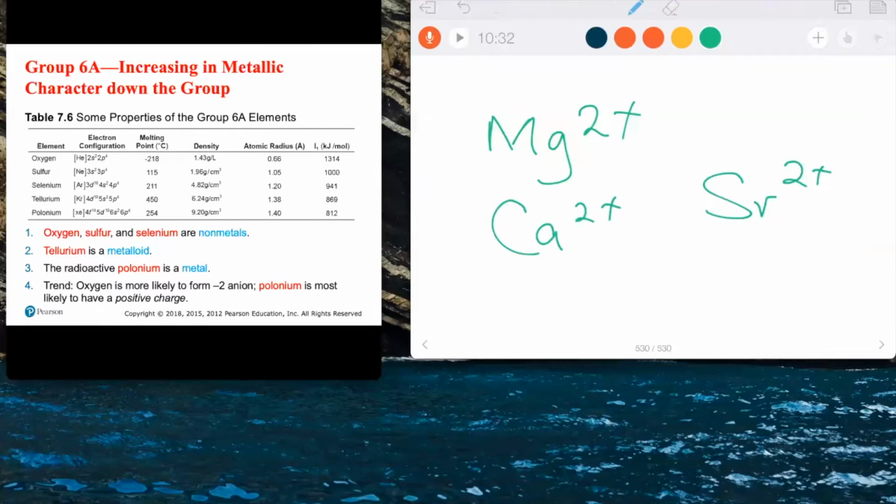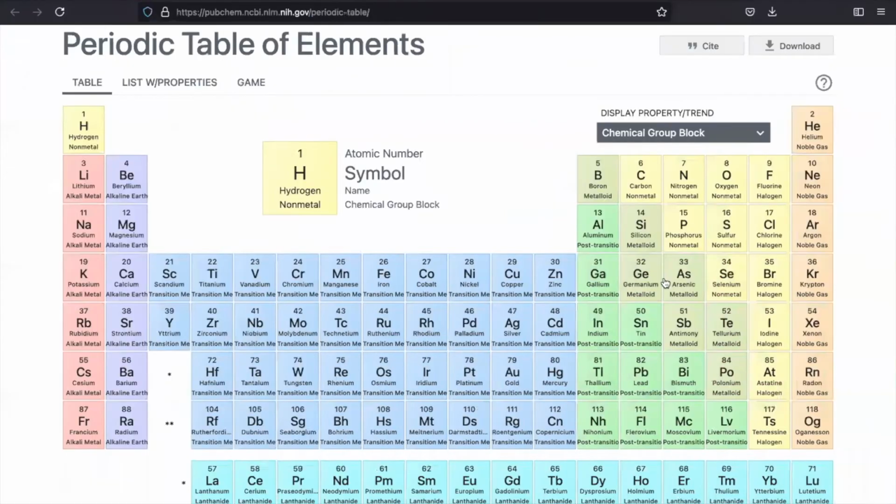You know where metalloids are on the periodic table. These are metalloids or semi-metals. And group 6A is right here. Selenium, tellurium is right here, which is a metalloid. Even polonium is a metalloid as well. Some others mention this as a metalloid or semi-metal at some time.